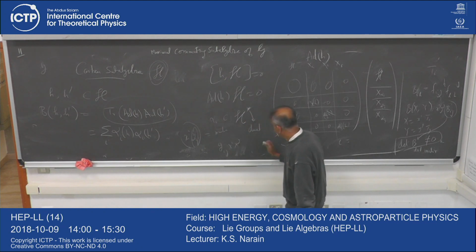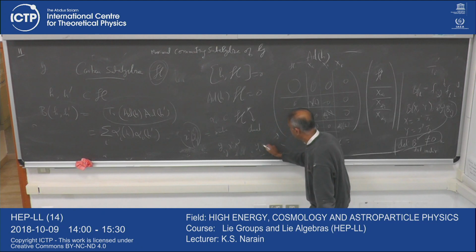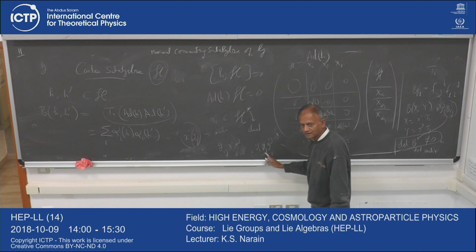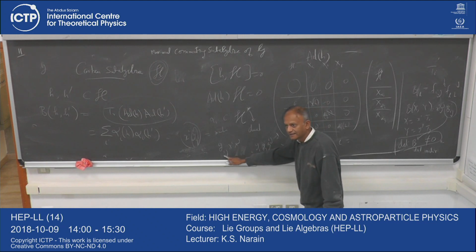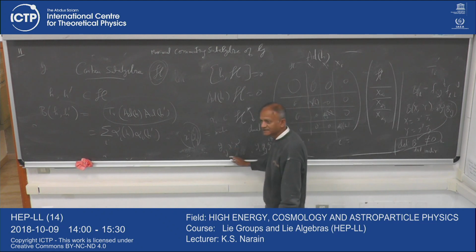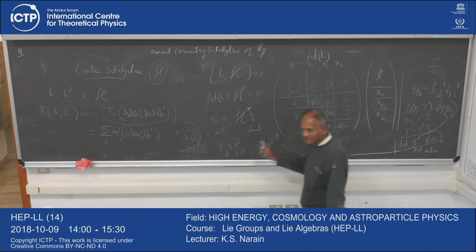Then for the yi, I will define yi yj gij as the natural length squared there, right? But the problem is that this is the inverse of that. So for this construction to work, you need to assume that this metric is non-degenerate, that the inverse exists. It's the same thing here.